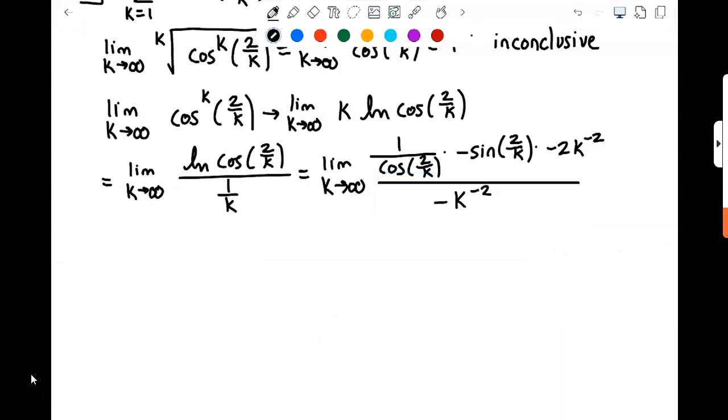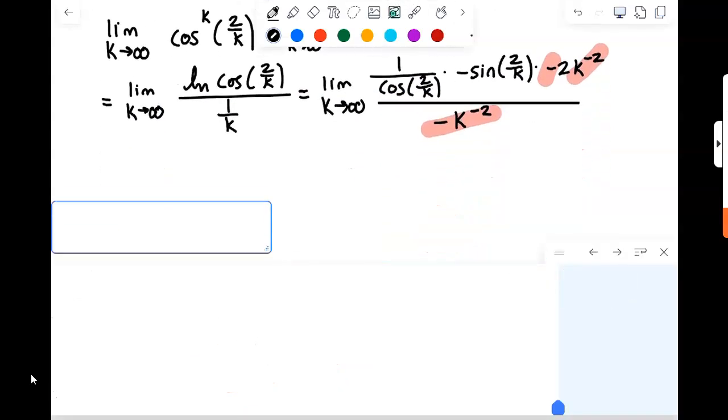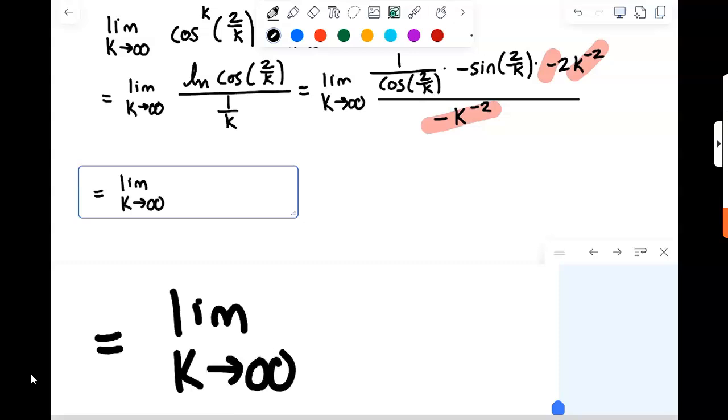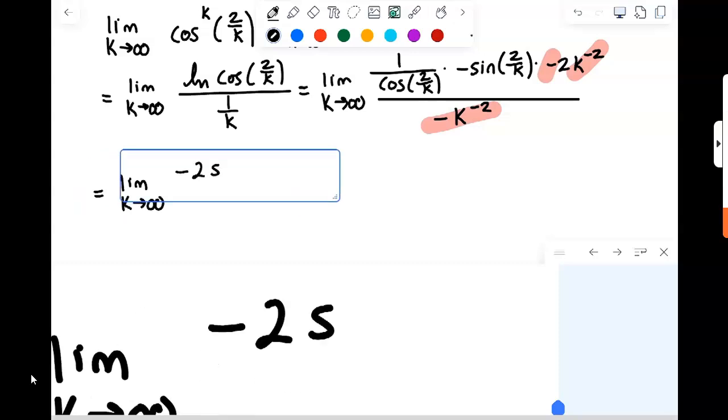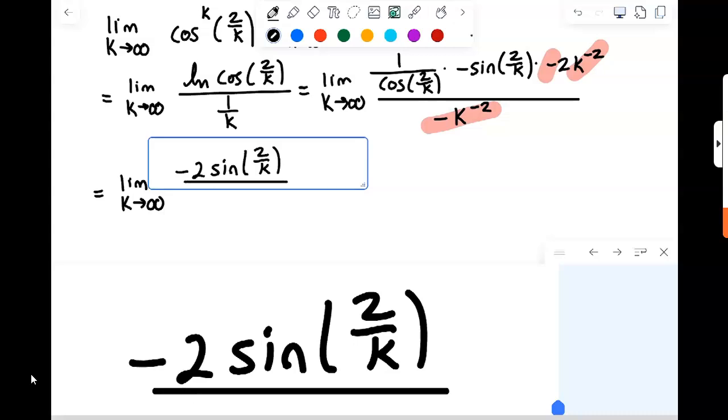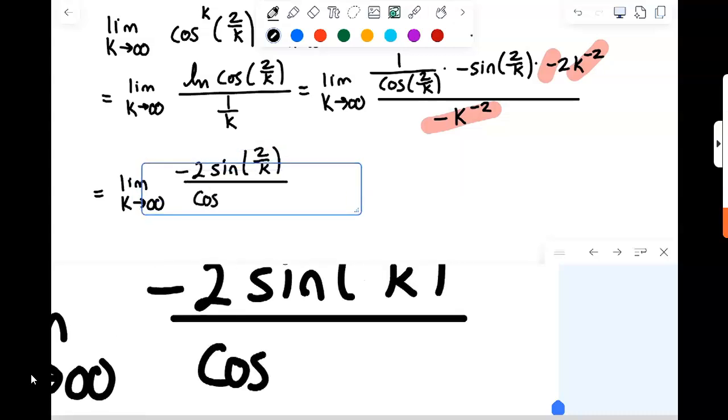Okay, so a bunch of stuff starts to clean up here now. The minus k to the minus second cancels out with one of the negative signs. And we end up with the limit as k goes to infinity of minus 2 sine of 2 over k over cosine of 2 over k.